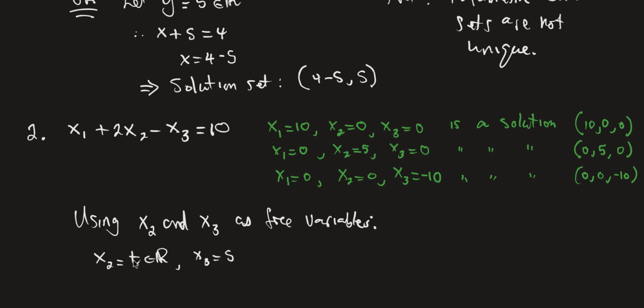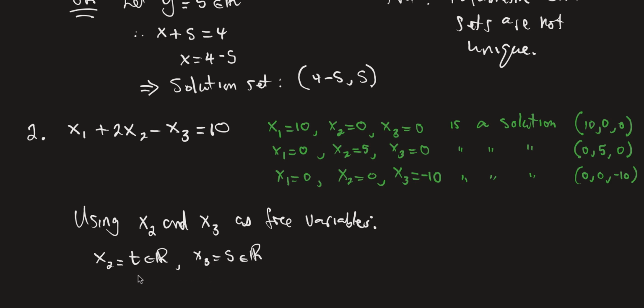So I'm not going to use t and t here, right? Because I don't have to choose the same value for x2 and x3. They could be the same as in the first example, but they don't have to be the same.